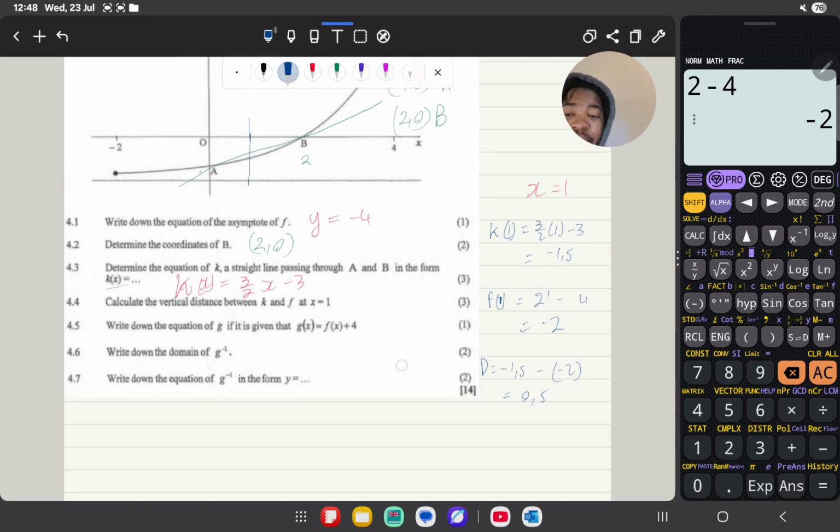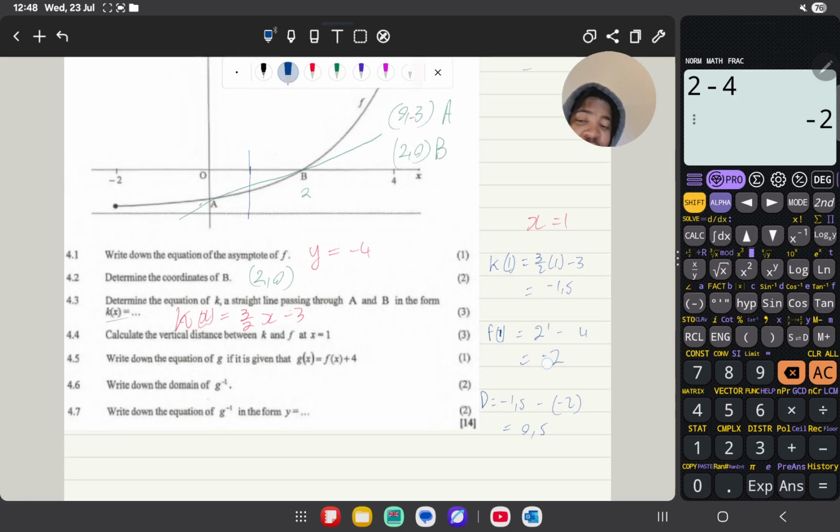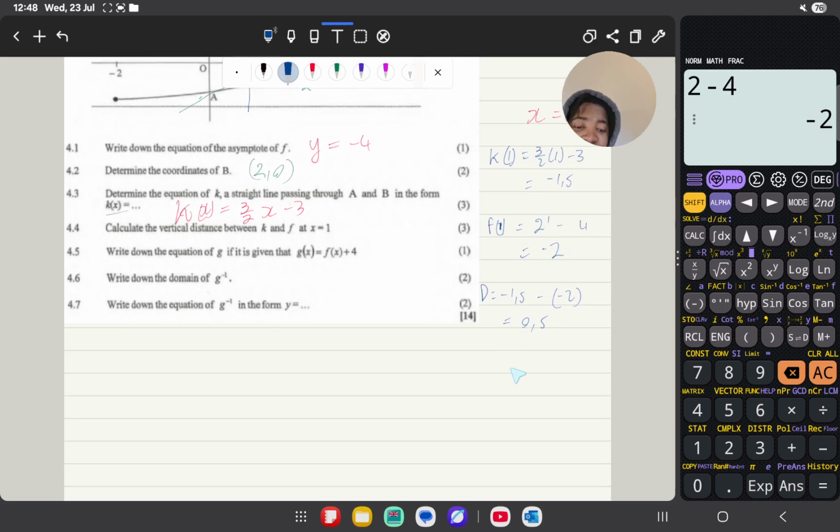But also, you can use the distance formula as well. It's still going to give you the same: you'd have 1.5 minus 2, right, squared, if you're using the distance formula.